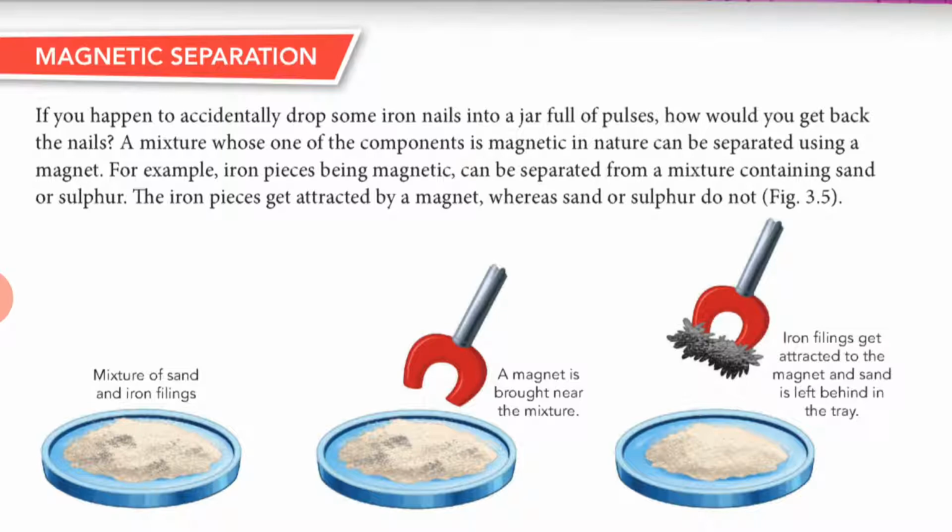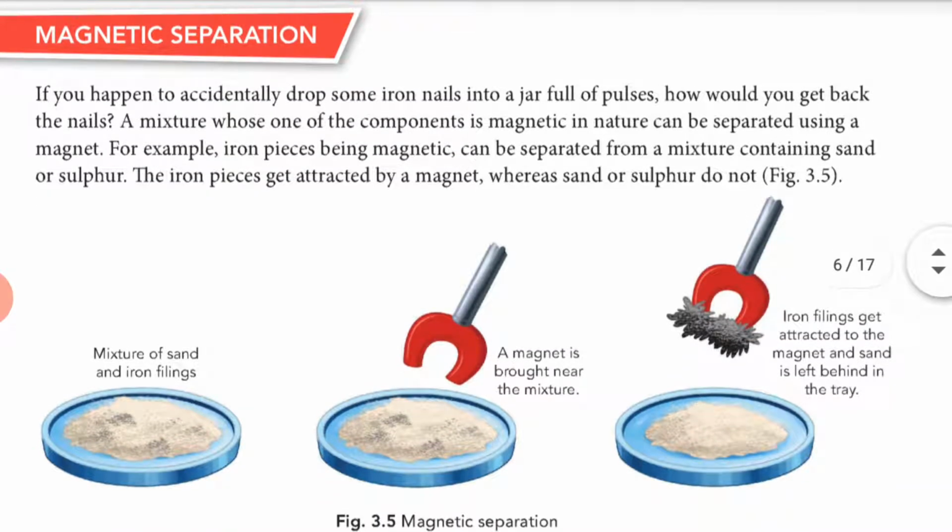If we use the sieving process, there is a problem, because iron filling is also in powder form and flour is also in powder form. So how can we separate? If we use a sieve, all the substance will pass through the holes of the sieve.